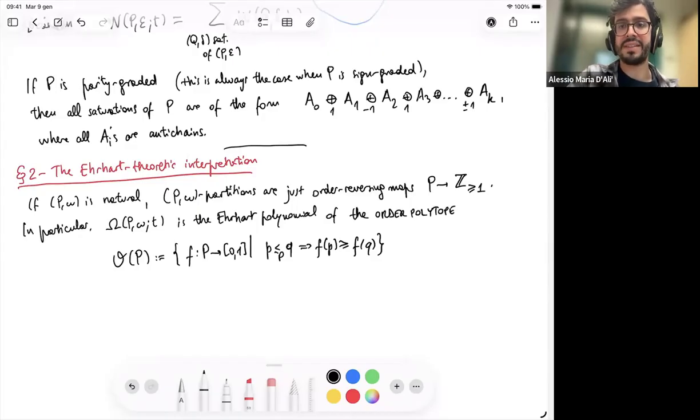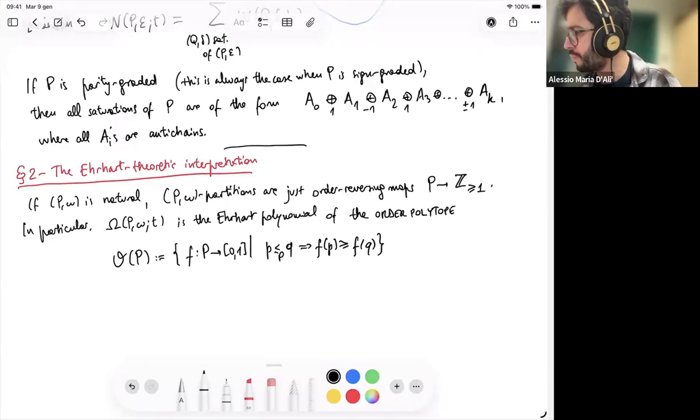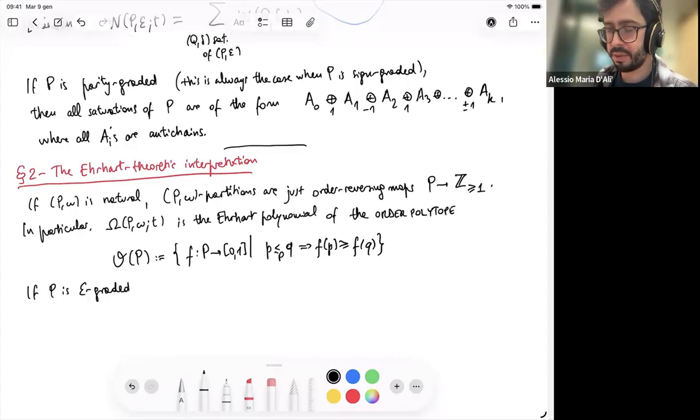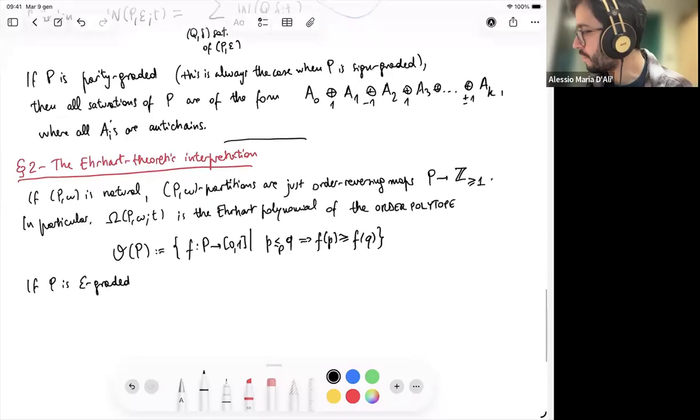So I'm going to get some convex object, which is not a convex polytope in the usual sense, but it's still something convex where you can do the Ehrhart counting, and you get some expression. So if P is sign-graded, again, I would need a bit less than that, but if you're interested, you can just ask me later.